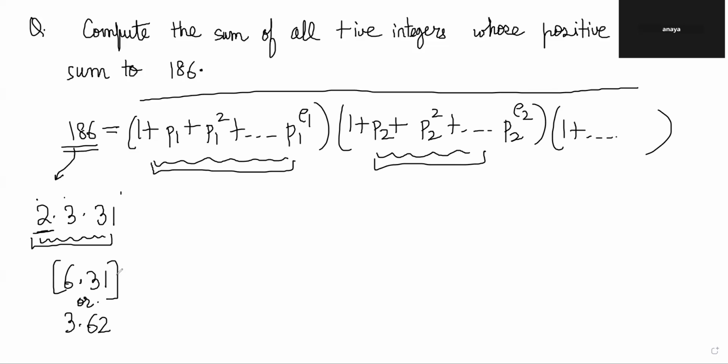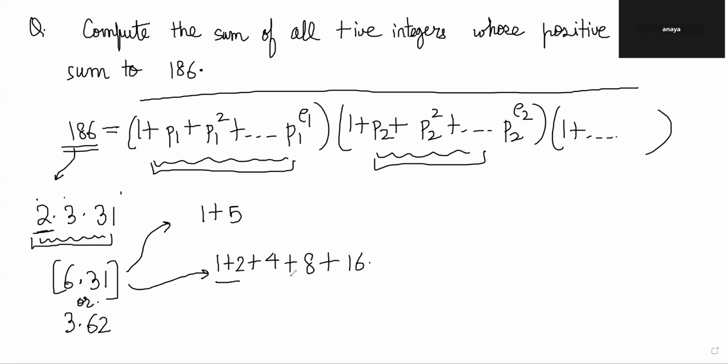So 6, you could write it as 1 plus 5, and then 31 would be powers of 2, like 1 plus 2 plus 4 plus 8 plus 16. This is 15 and 16, 31.